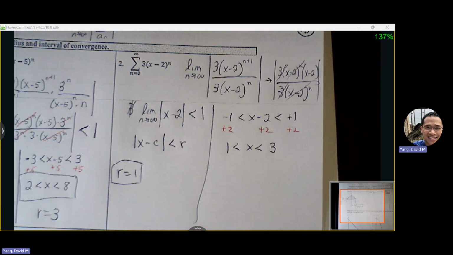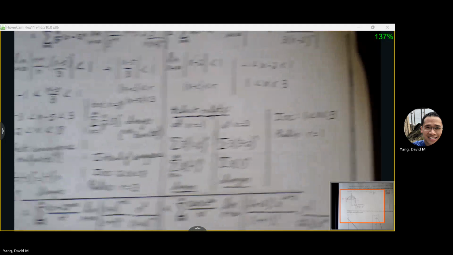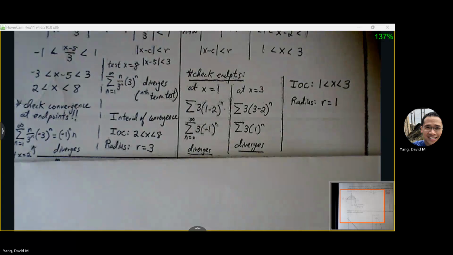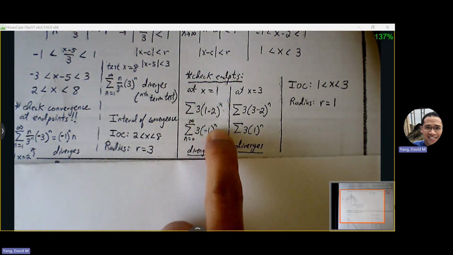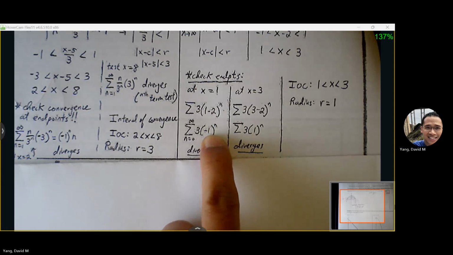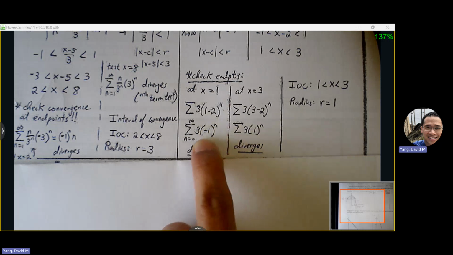You're always going to have to make sure you test the endpoints. If I plug 1 in, I get -1 to the n. That's an alternator, but it doesn't quite fit, because this gives us 3, then -3, then +3, then -3.